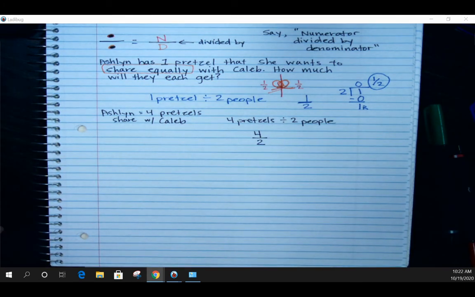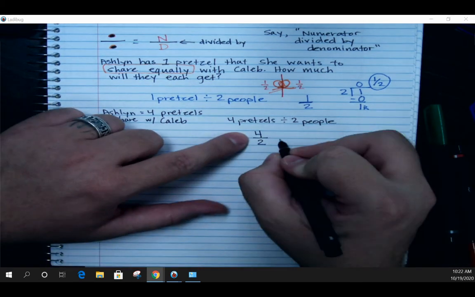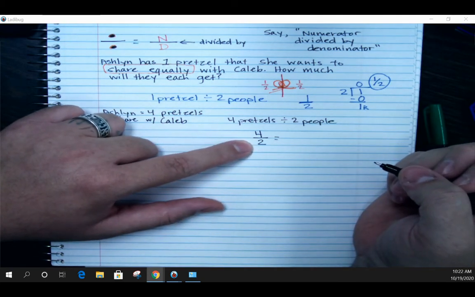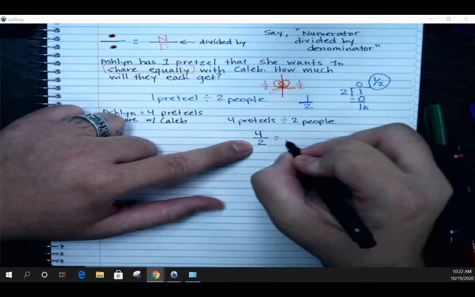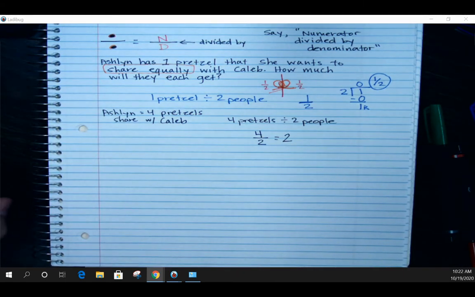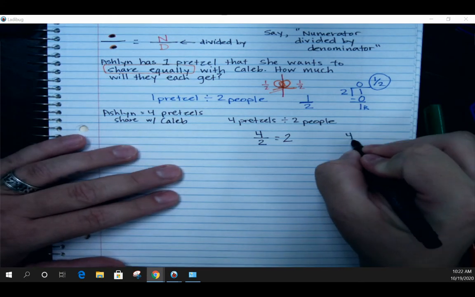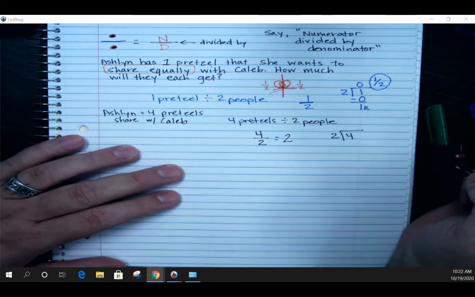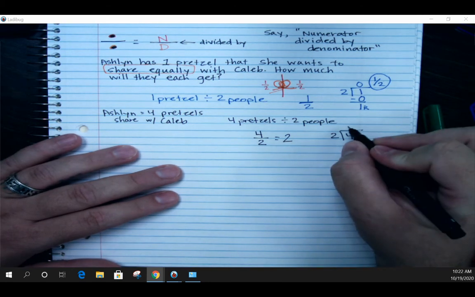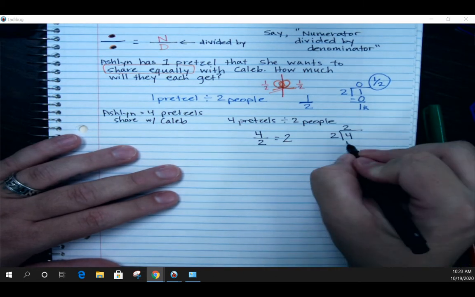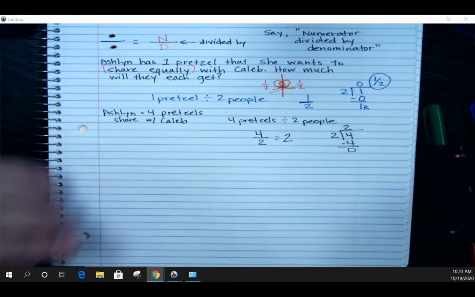And what is 4 divided by 2? 2. 2 goes into 4 2 times. 2 times 2 is 4, and you're left with nothing.